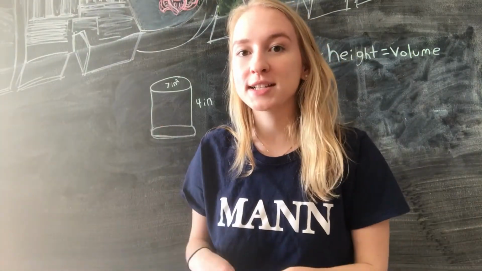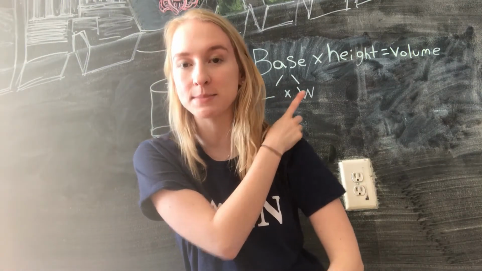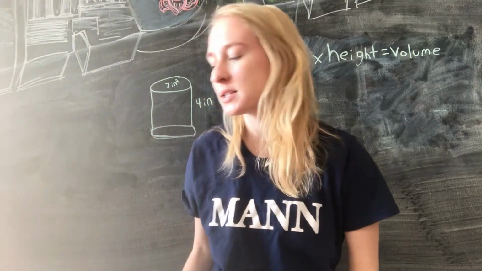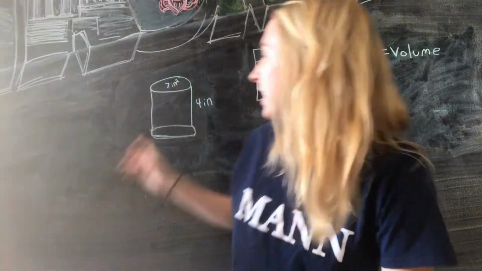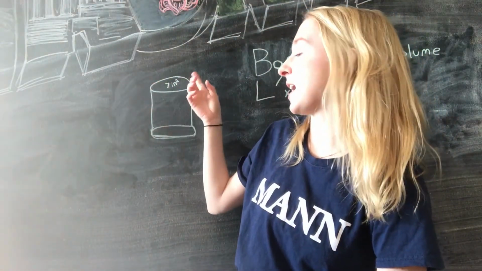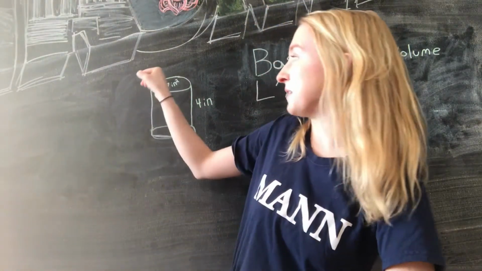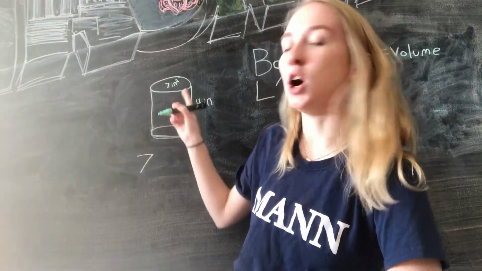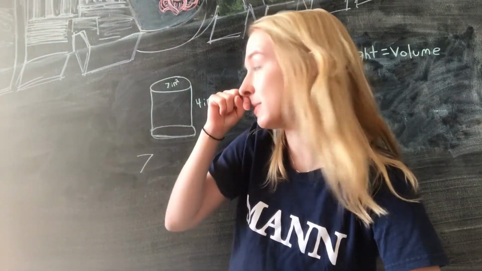And just to show you guys how this simplified version of the formula for volume with just base times height would work with shapes that aren't rectangular prisms, I've poorly drawn a can up here, kind of like this one that we have. And I've said that the area of the base is 7 inches squared, because it's already the area and not just a line, not just a measurement, but an area.